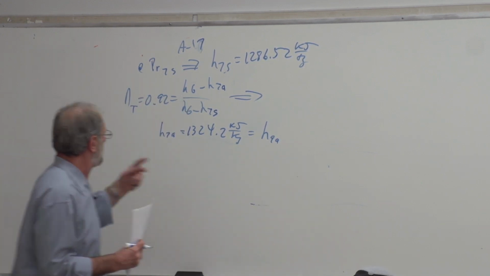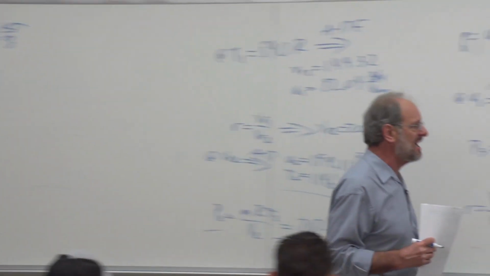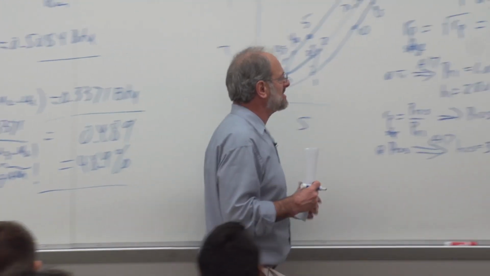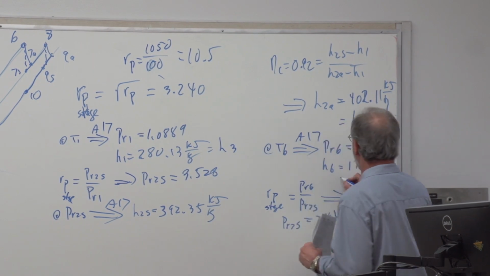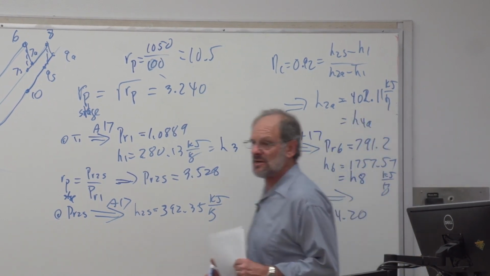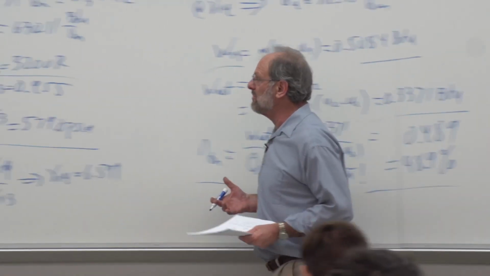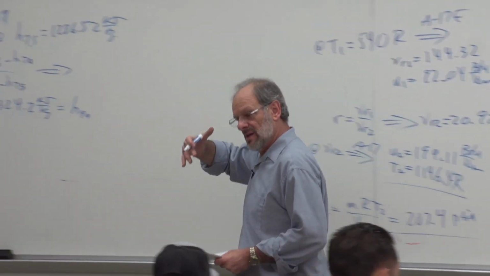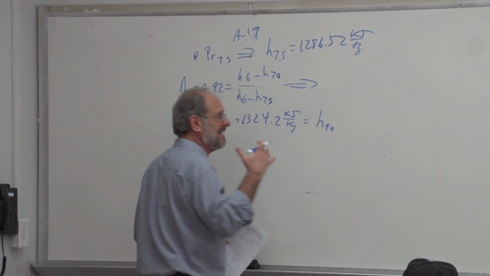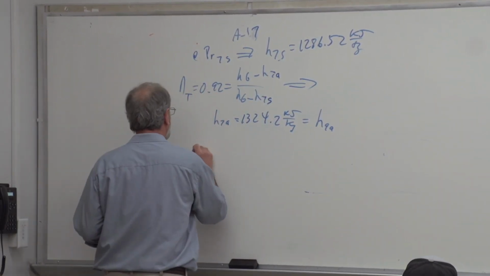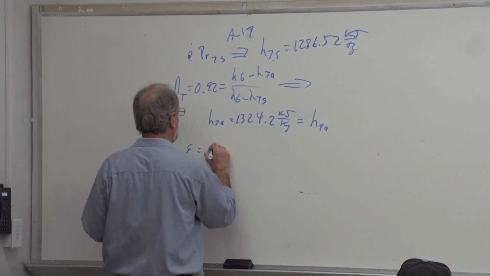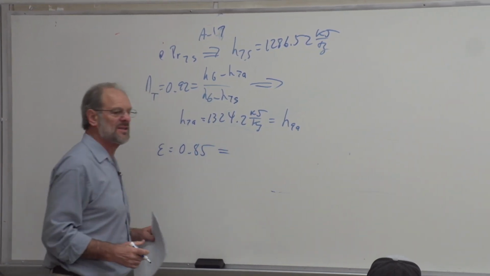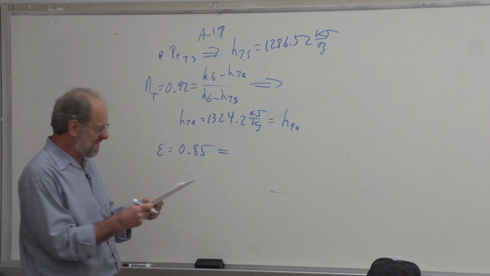And again, we recognize that the conditions at the inlet and the exit of each turbine stage are the same. So H7A and H9A are the same. H6, which we found before, is also equal to H8. So now we have all of our enthalpies except for the one on the air side leaving the regenerator. So lastly, we have to find our regenerator. We have to use our regenerator effectiveness to get the enthalpy at 5.